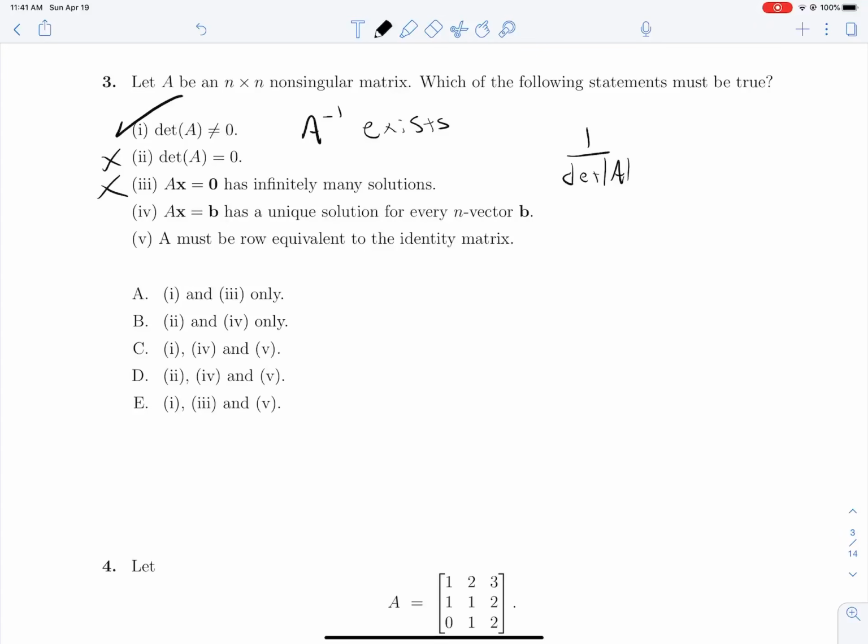So if we have some invertible matrix, by the rules that we use to talk about the properties of matrix transformations, an invertible matrix must be reducible to the identity matrix.